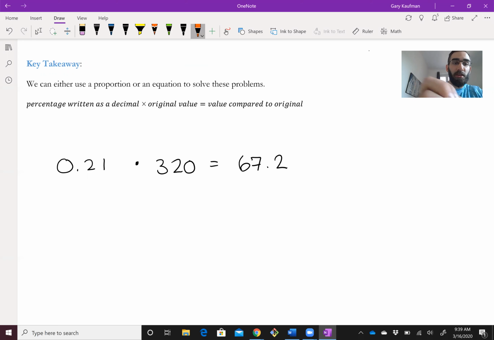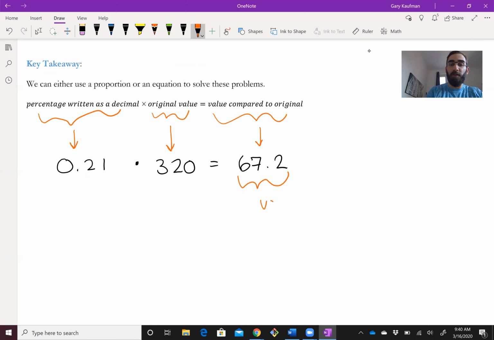So we're saying that the percentage, which was 21%, written as a decimal, multiplied by the original value is equal to the value compared to the original. Another way of saying this is this number is the value that matches the used percentage.